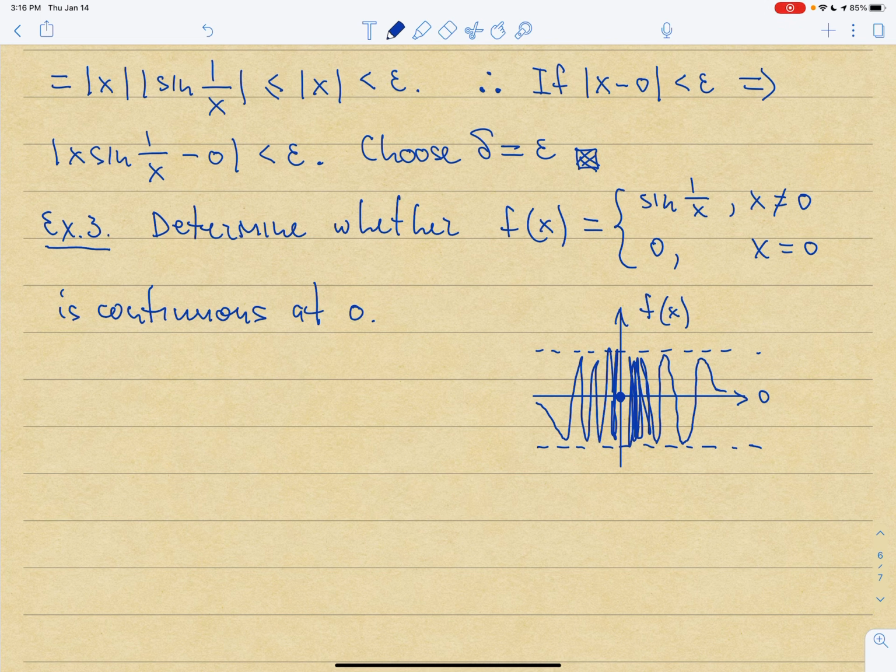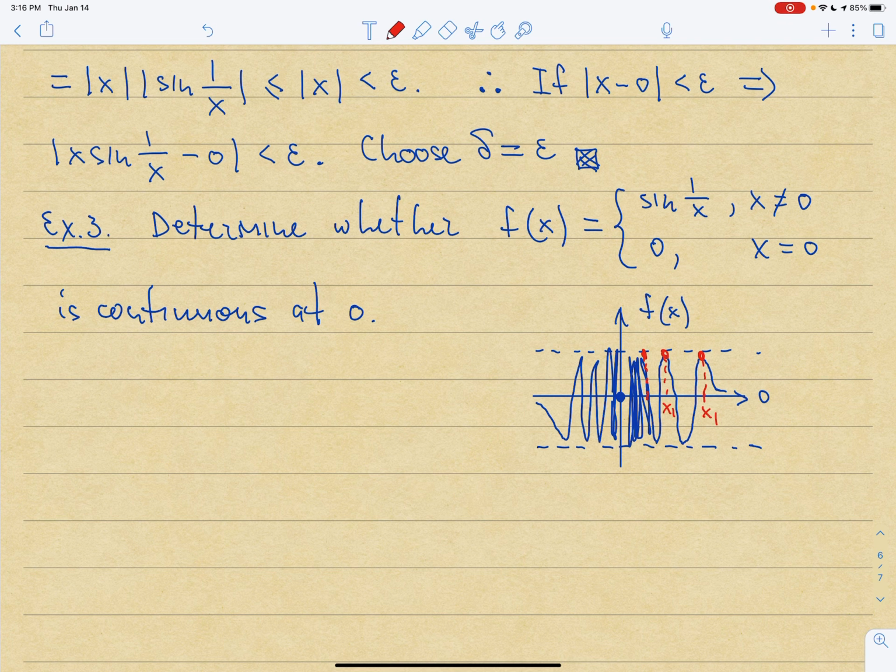If I take a sequence x_n such that x_n goes to 0 from the positive direction, and let's say the values f of x_n are designed in such a way that they will always pick the maxima of sine on each period. The maximum of sine is always equal to 1.